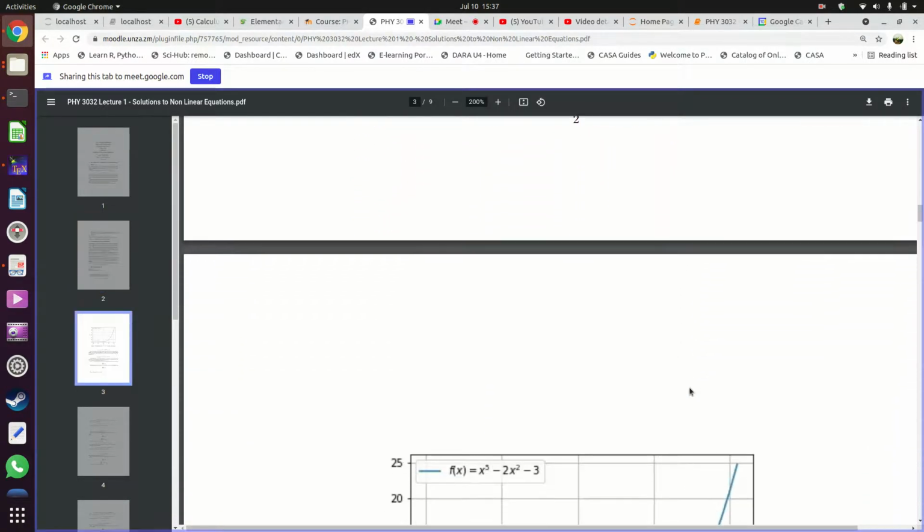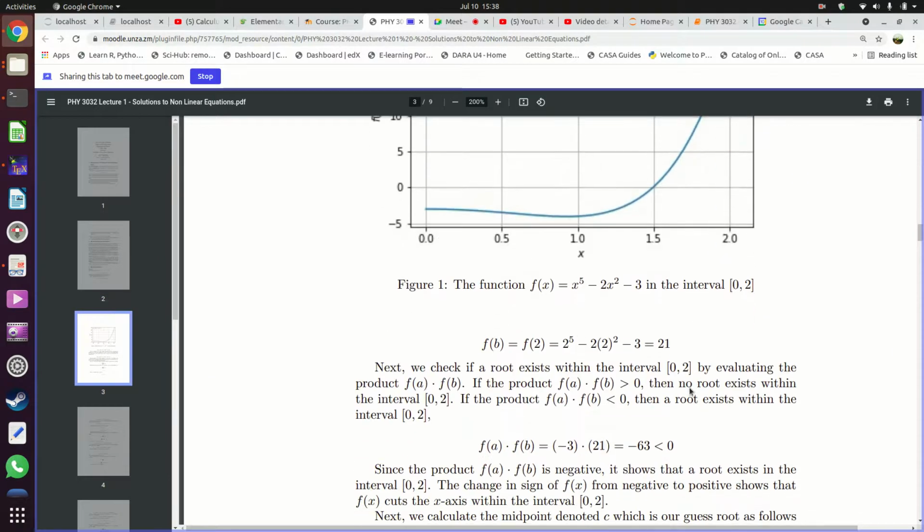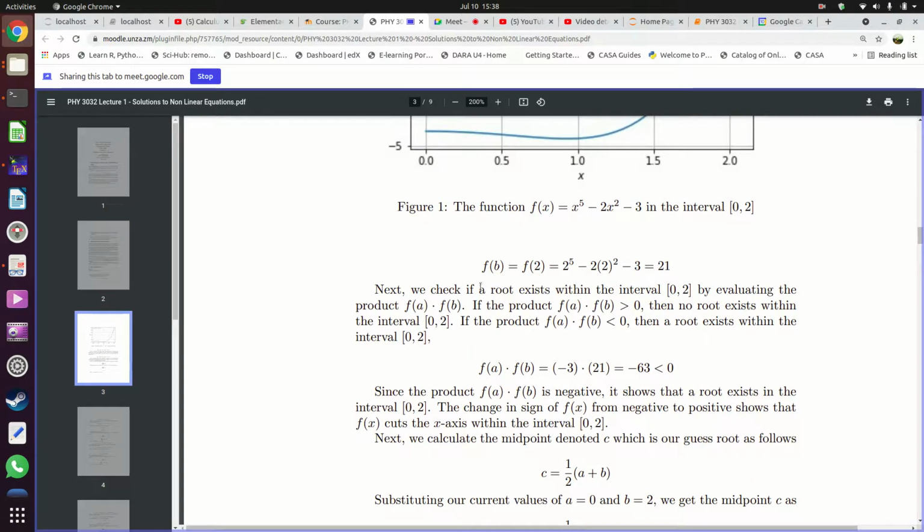Next, you work out f of B. B is 2, so you will find f of B. f of B is equal to f of 2, which is 2 to the power 5 minus 2 times 2 to the power 2 minus 3, and this gives you 21.